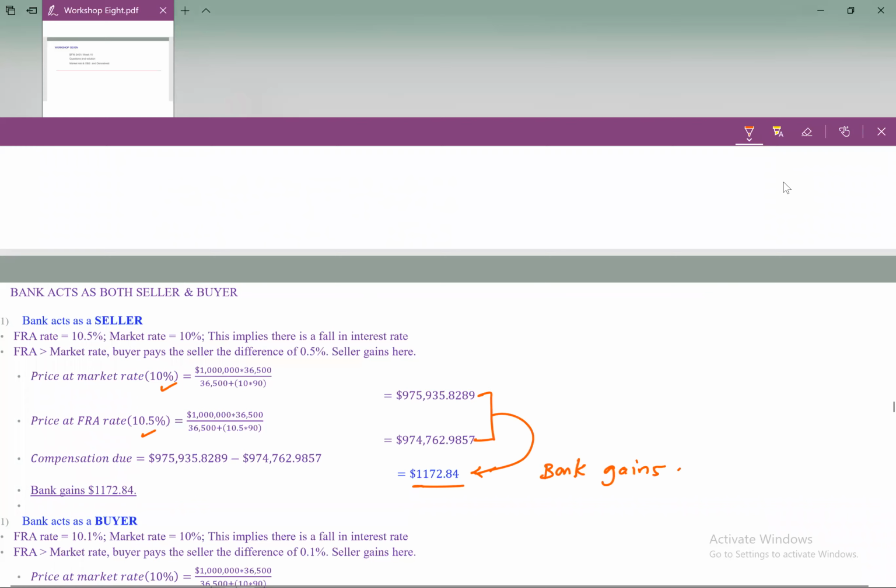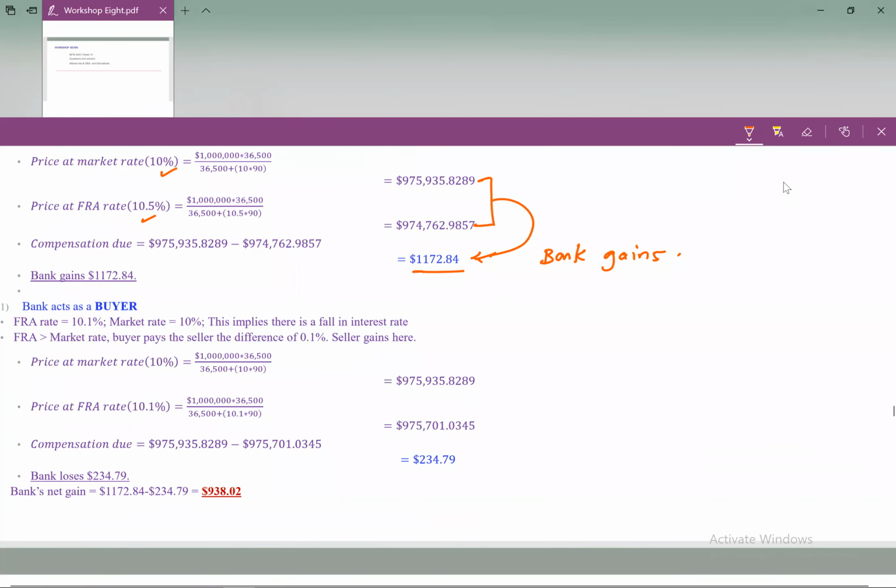Then when the bank is a buyer, you calculate it according to 10, the market, and 10.1, which is the FRA, and the difference is this, and the bank losses. So actually, you want to decrease this amount from this amount, and this is what we have done.